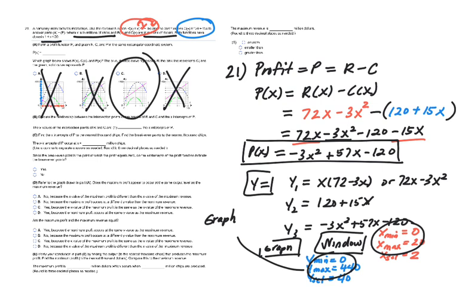Okay, let's look at part B. 21B says to discuss the relationship between the intersection points of the graph of R and C and the x-intercepts of P. So here we're still looking at C. And so let's draw a dotted line from the intersection of the blue dotted parabola and the pink line down to the profit function.